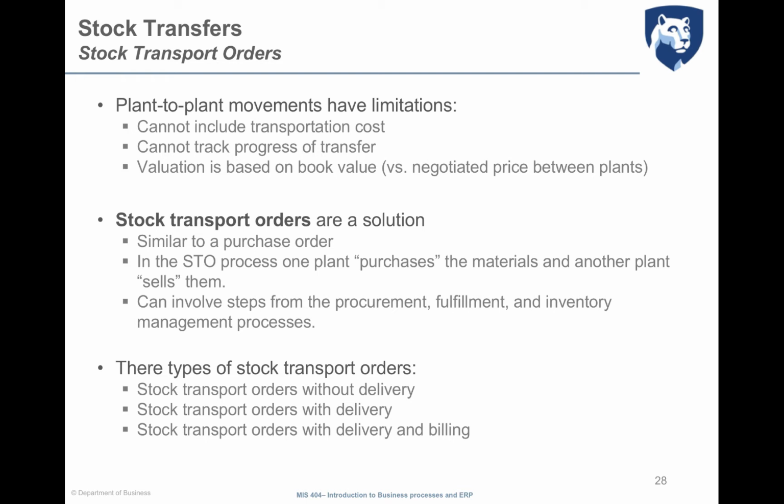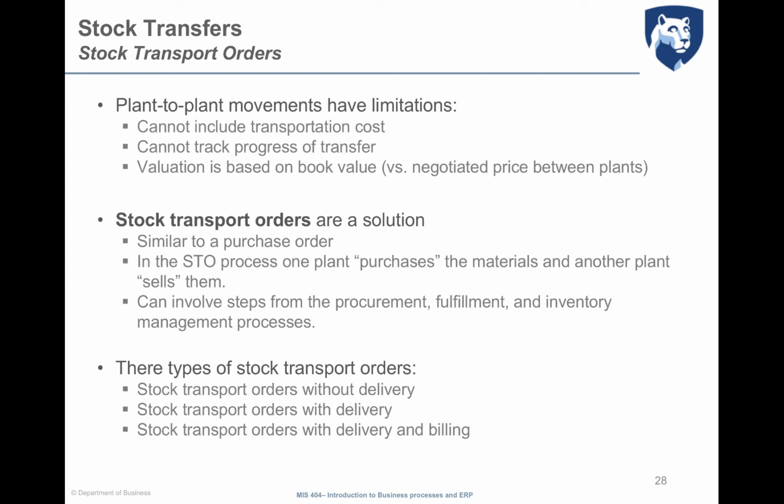So a stock transport order involves all the steps that we discussed from the processes that we saw until now, so procurement, fulfillment, and inventory management, and of course depending on the different conditions according to the specific situation we are dealing with.